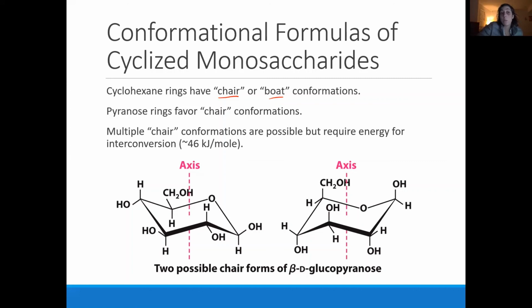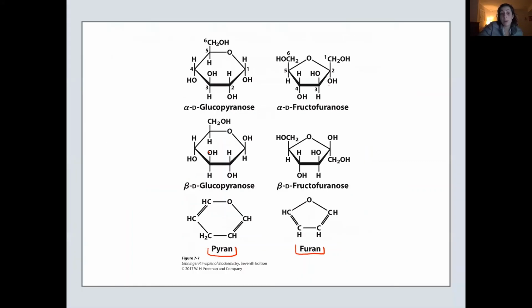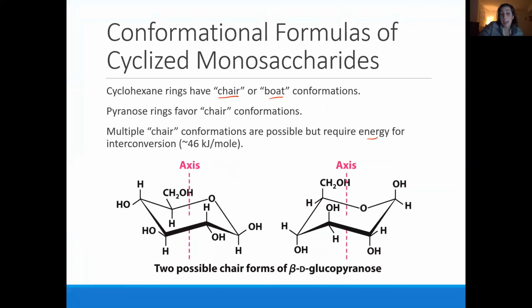But for the sugars, they favor the chair conformation because it requires less energy during its interconversion. So for all of the pyranoses, the six-membered sugars, like glucose in its cyclical form, glucopyranose, it can form this chair or boat conformation, just like normal cyclohexanes, but it does prefer the chair conformation.